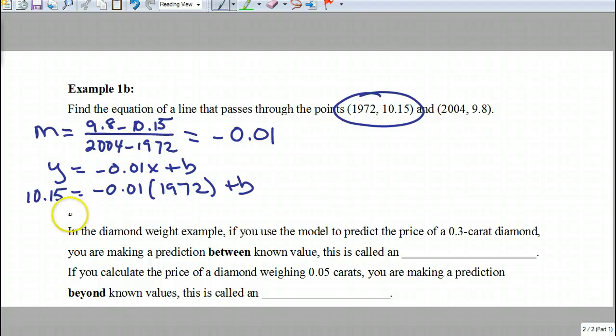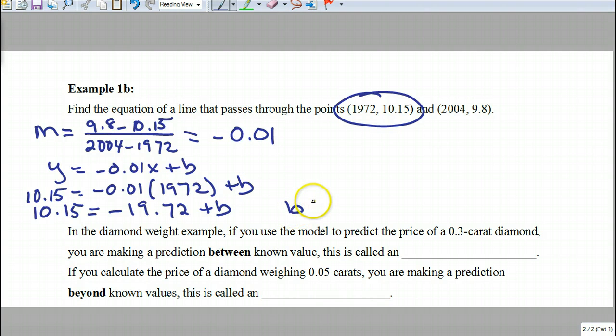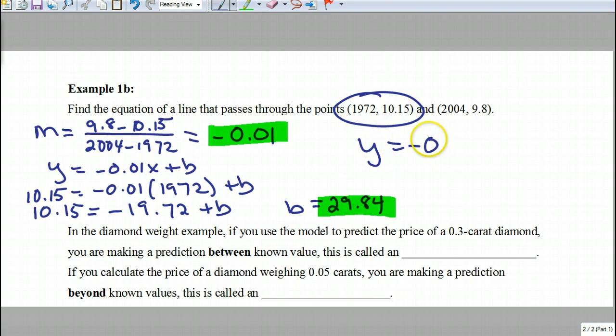And if I put that in, I'm going to have 10.15 equals negative 19.72 plus b. If I add 19.72 to both sides, I have a b of 29.84. So my equation of the line, if I use my slope and my intercept, it's going to be y equals negative 0.01x plus 29.84.